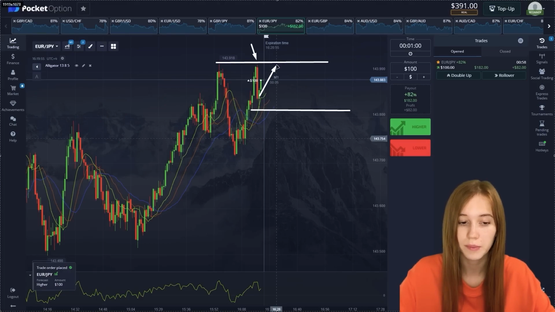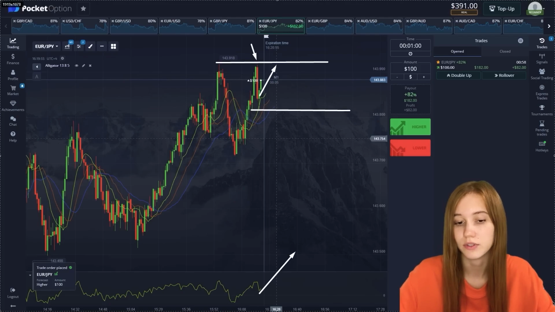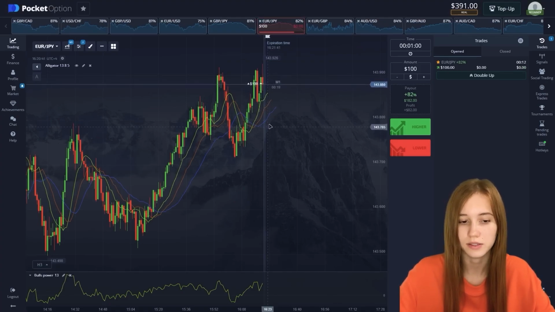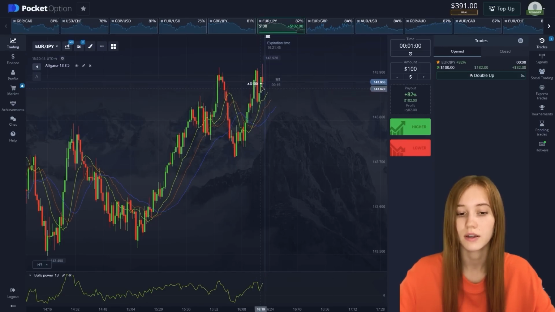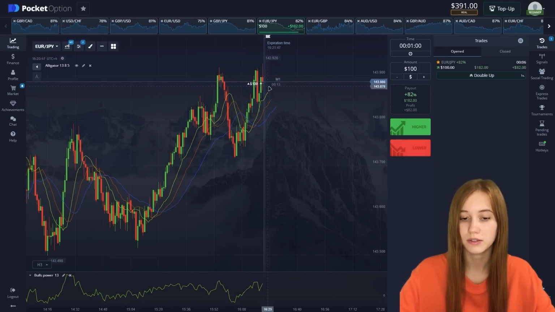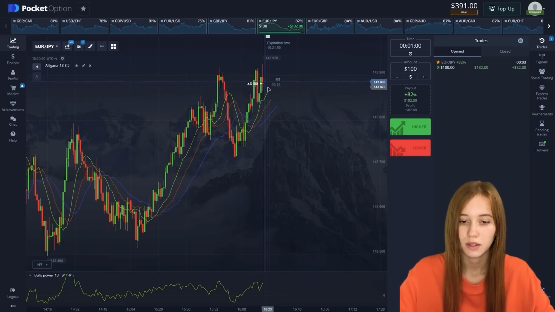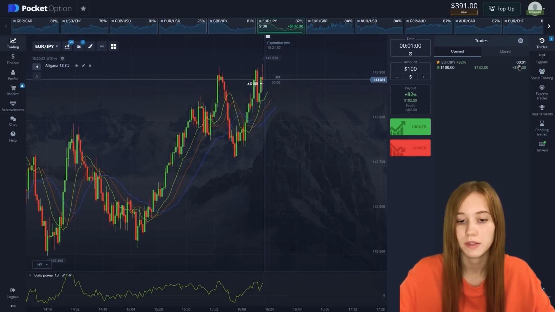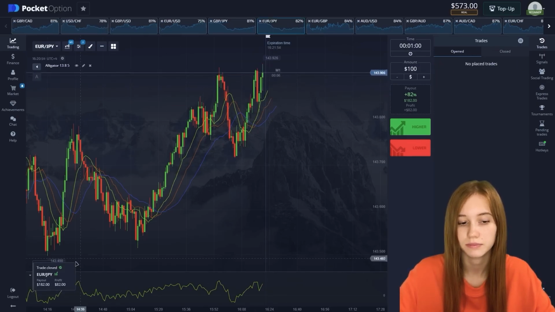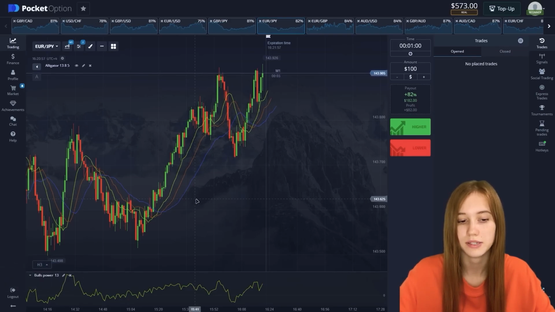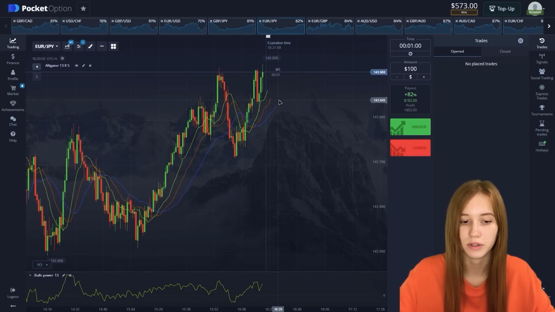According to the second indicator, the line is directed upwards. This is the fourth sign for opening upwards. Let's see the situation. There are 10 seconds until the end of the deal. We open for an increase. A plus deal, should be 4 seconds. And yeah, plus deal, profit is $81.